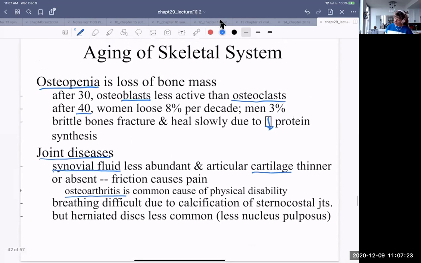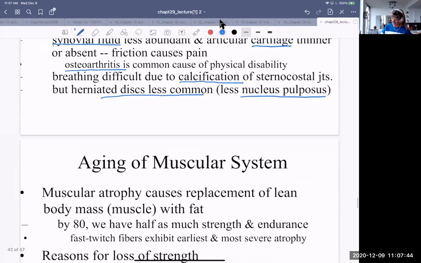Breathing can also get difficult due to calcification of sternocostal joints. Those sternocostal joints are the joints between the sternum and the ribs. But herniated discs are less common because there is less nucleus pulposus, and that is the gel-like substance that is in the intervertebral joints.